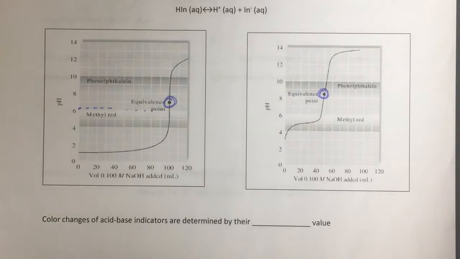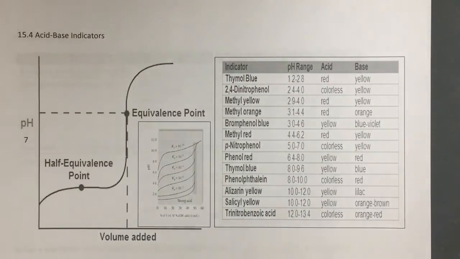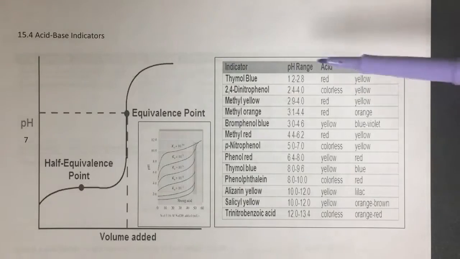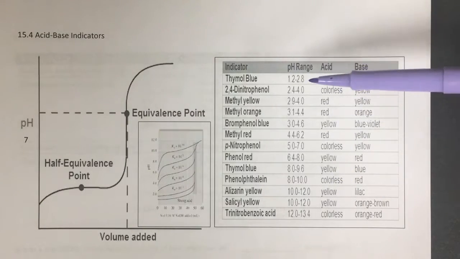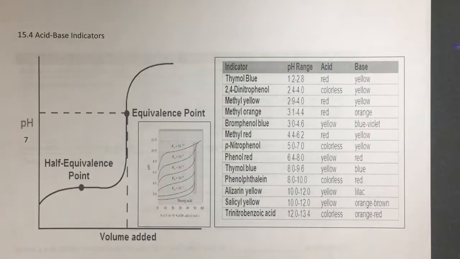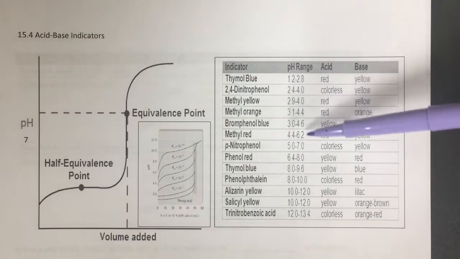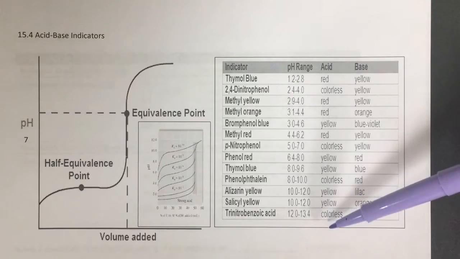Now, I can sometimes be given a table that tells me when things are changing colors. So I know that a strong acid and a strong base are going to reach equivalence point at about 7. So I would want an indicator that changes color at about 7.